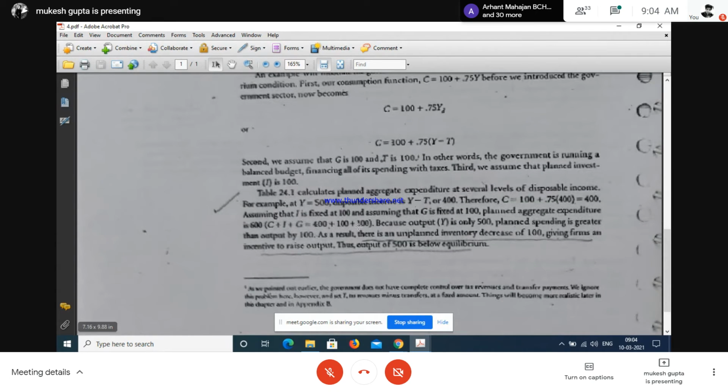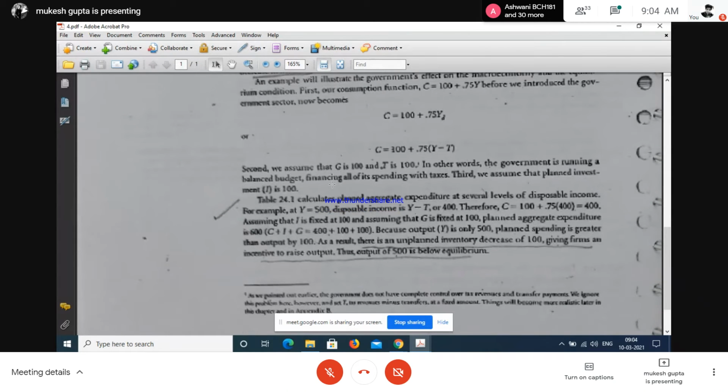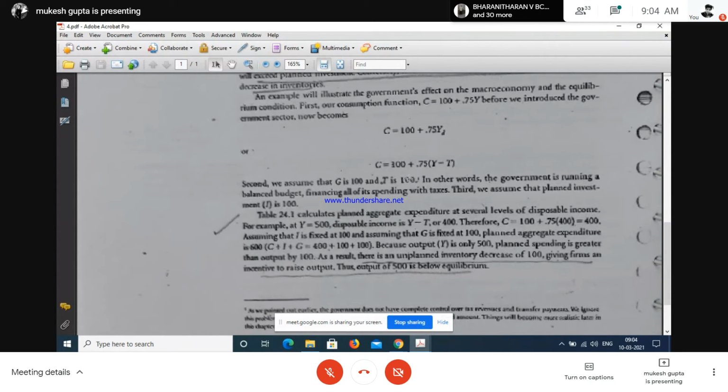So we have the consumption function, the investment expenditure amount, the government expenditure amount, and the net tax amount. With this information, we have to find out the equilibrium level of income. So what will you do?